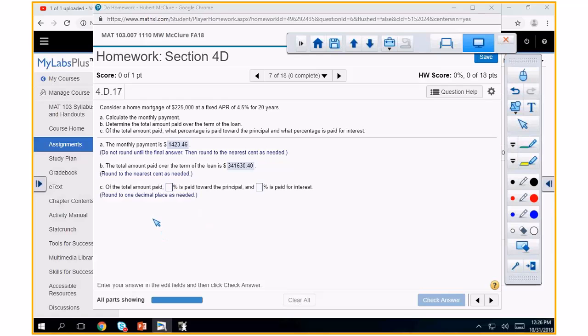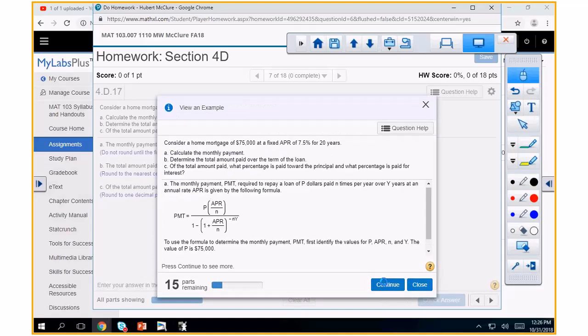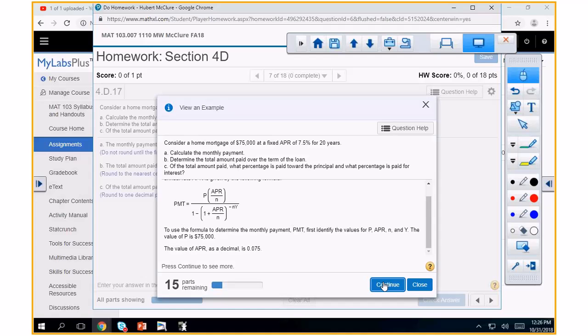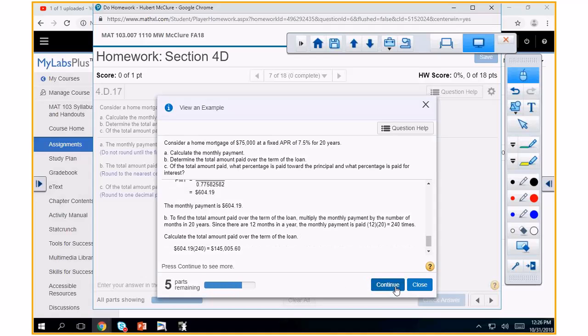Okay, on the total amount paid, this is where you take the difference and you put it over the total. I'm going to show you an example. Payment, 20 years, multiply.